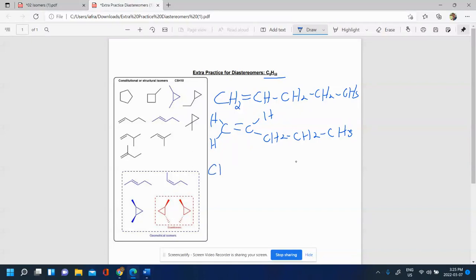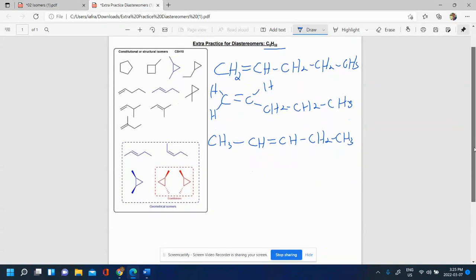So I'll do CH3, C double bond like that, then CH, and then CH2 and CH3. And so now, if you try this out, you'll notice that you can draw it like this. So we'll draw a double bond first.